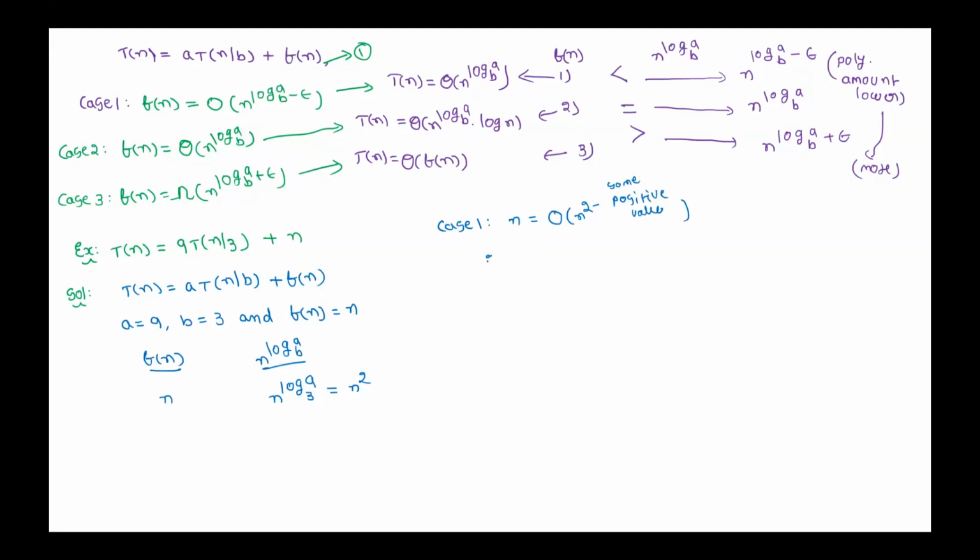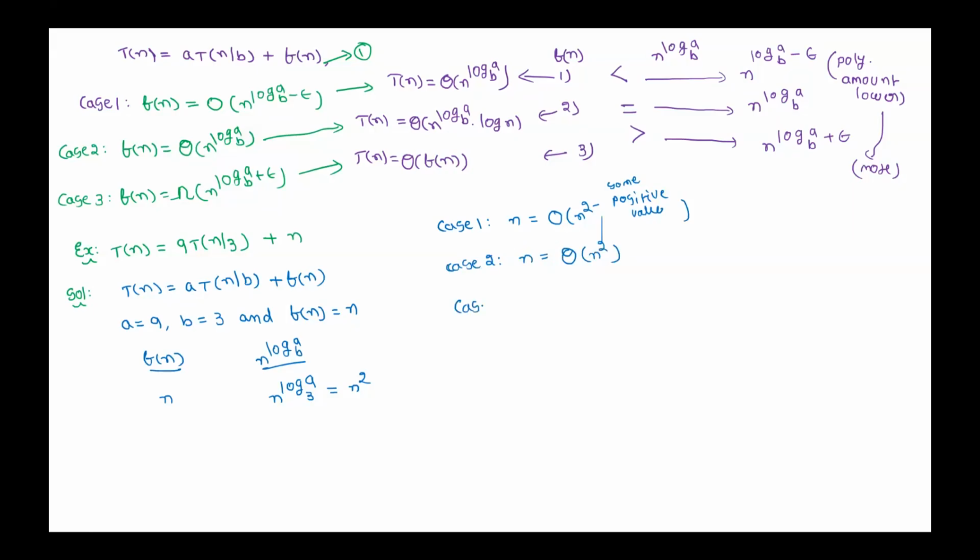Case 2 means what? n is theta of n square.